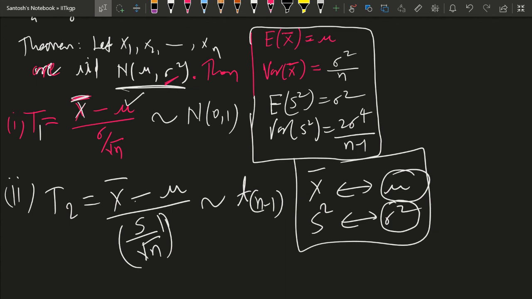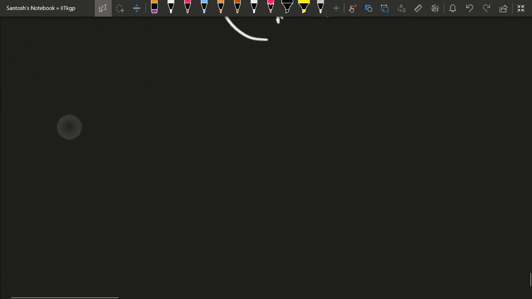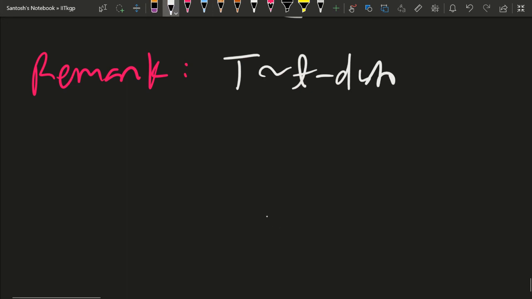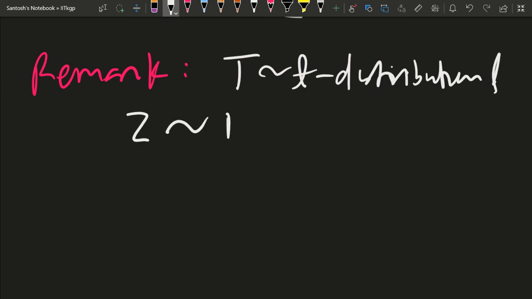Actually, the t distribution and the standard normal are both symmetric about 0. So I may write some points till you are filling your attendance sheet. Suppose T has a t distribution and Z has normal 0, 1.